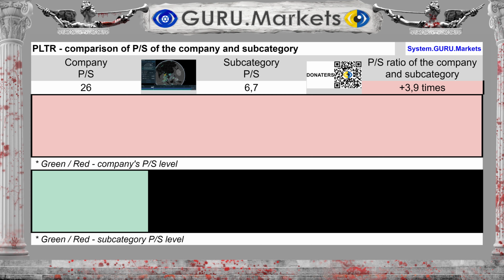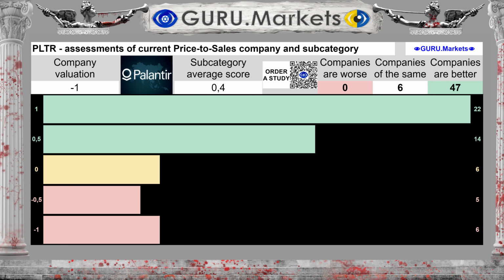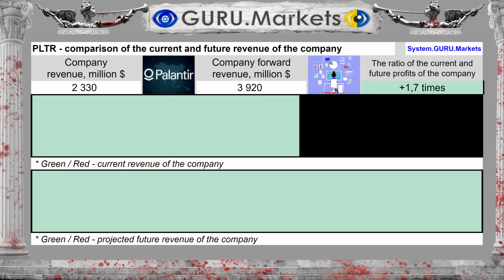The ratio of company value to revenue is 26. The subcategory average is 6.7, and the company is 288% higher than the subcategory average. Assessment of the company's market price to revenue indicator in comparison with companies in the subcategory: bad, -1 point. Revenue for the last 12 months was $2,330 million.